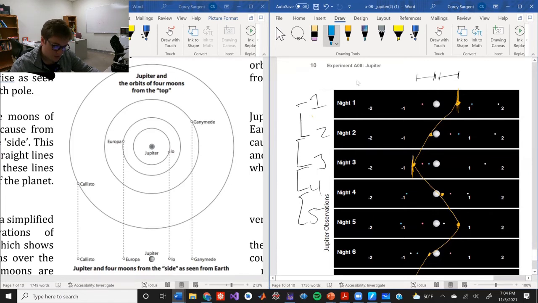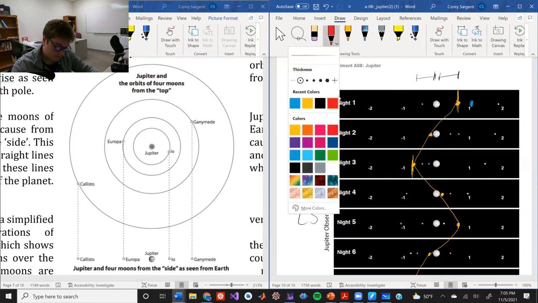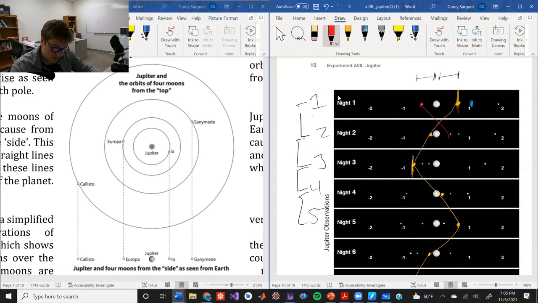The blue moon looks to have an extent out to here. The red moon looks to not go that far. So the red moon has an orbital radius that only extends that far.